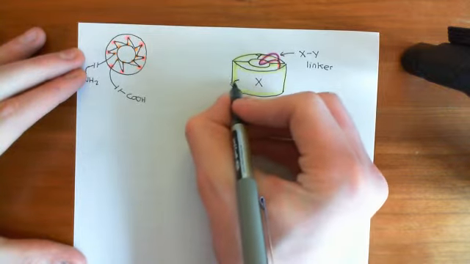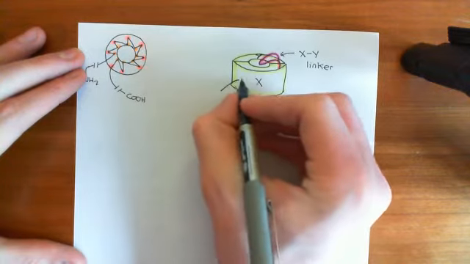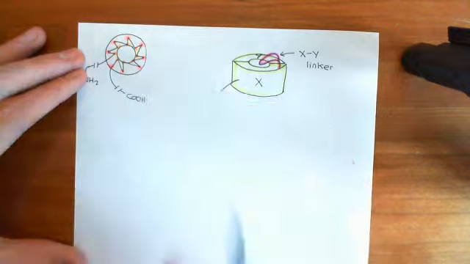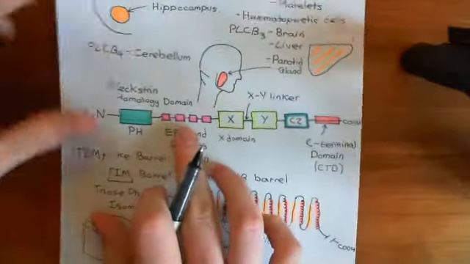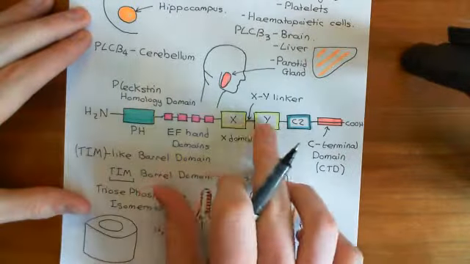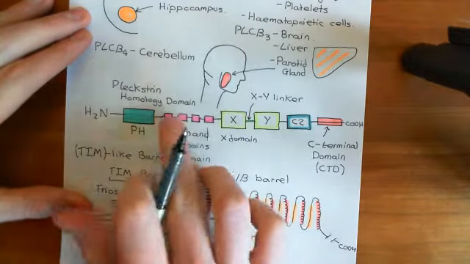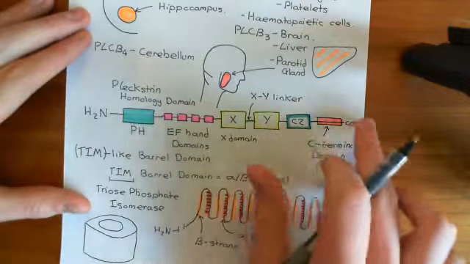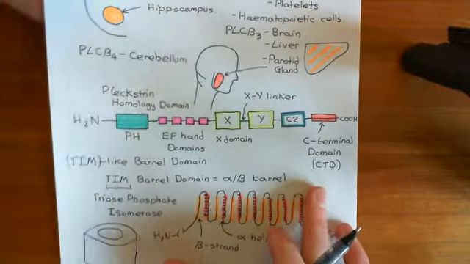Okay, so now let's draw the rest of the polypeptides. So this is the X and the Y, and we've drawn the XY linker so far. We now need to add on the things that were before the X domain, and then the things that were after the Y domain.